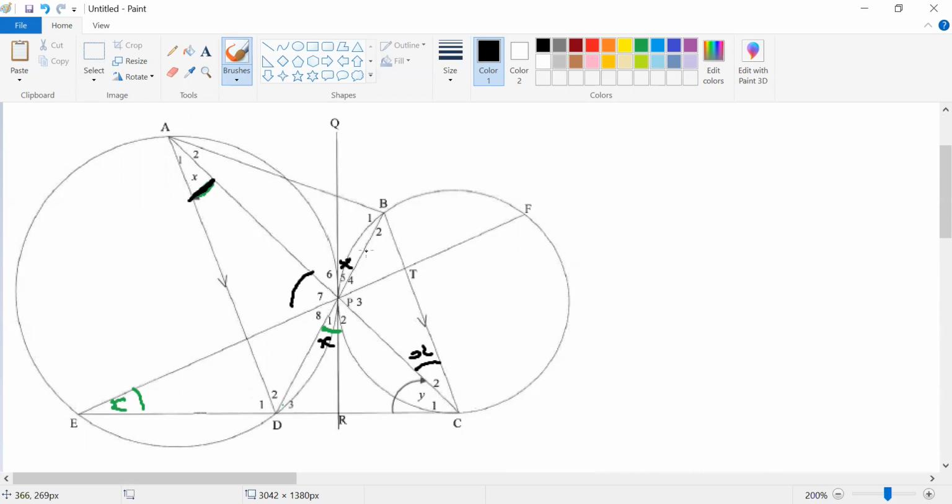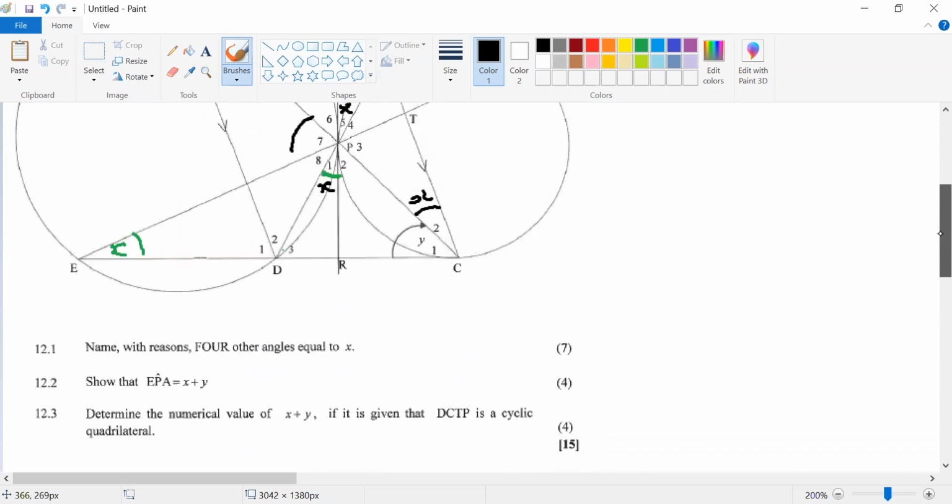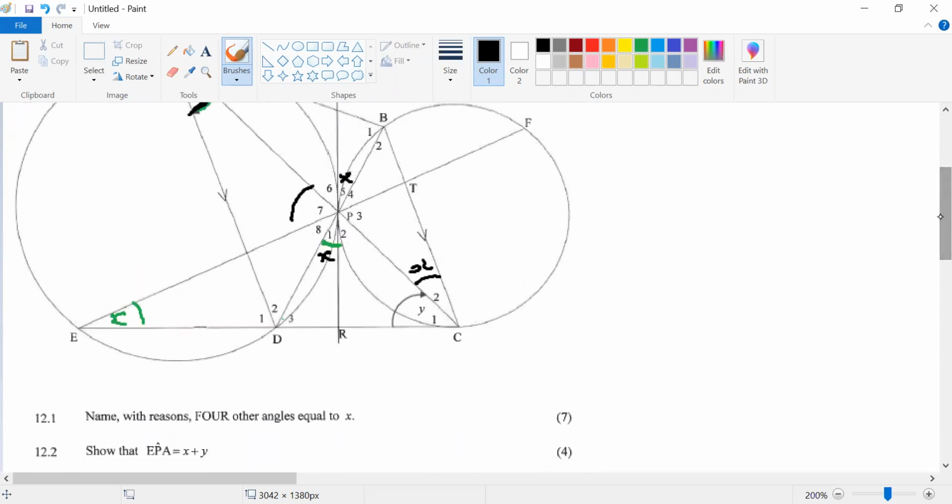I can't see it. All right. So because they're telling us we need to show that something is equal to x plus y, we first need to find where y is. So we can see that y is found right here.